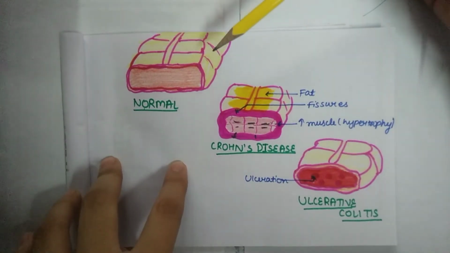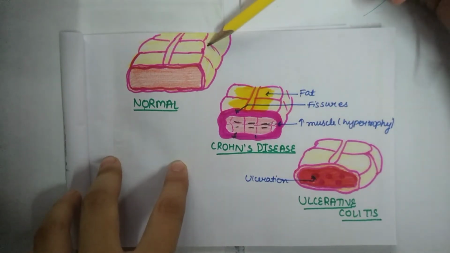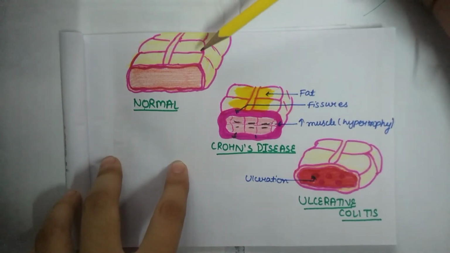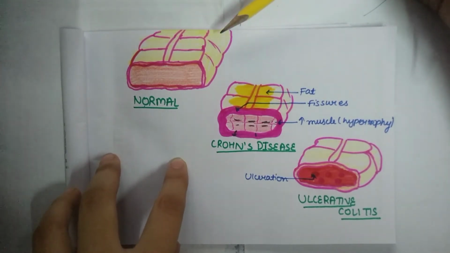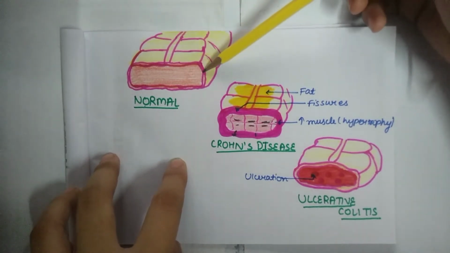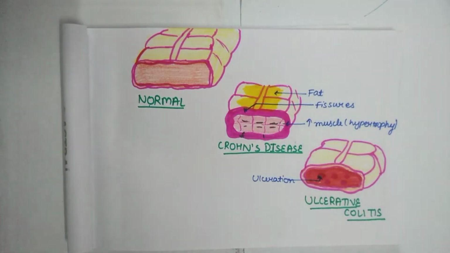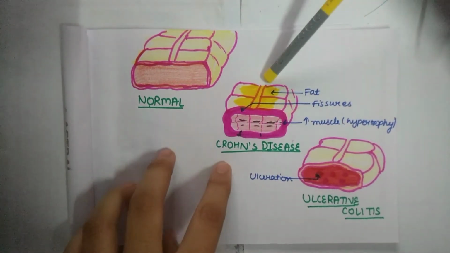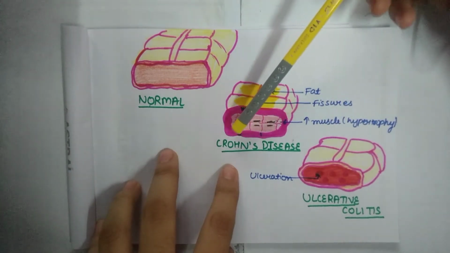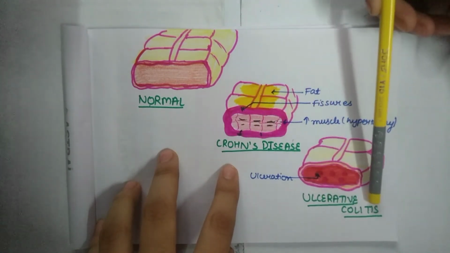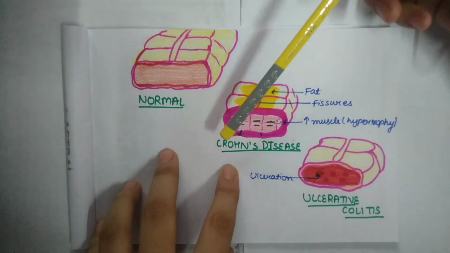Now here I have drawn three diagrams of intestine. These are not very well describing intestine, but still. Now this is the normal one. Now here I have drawn two diagrams of inflammation. Here is Crohn's disease and the other one is ulcerative colitis. So first we will talk about Crohn's disease.